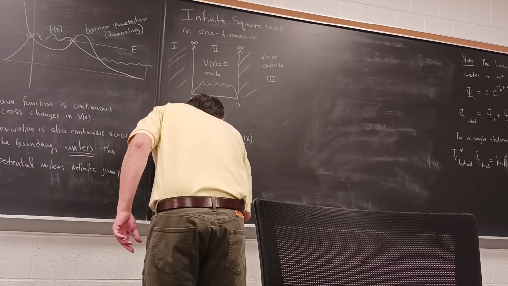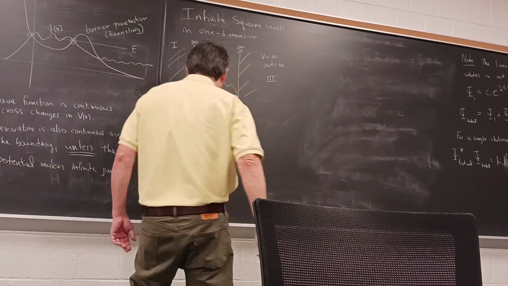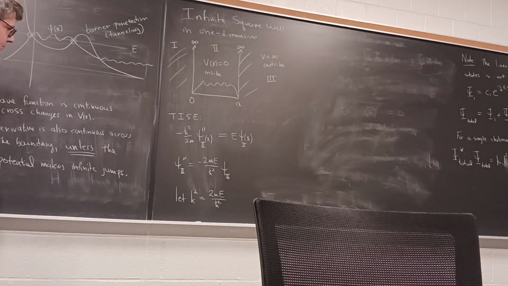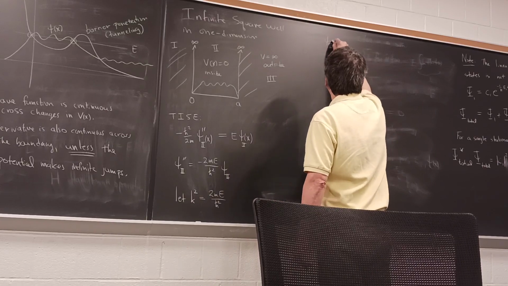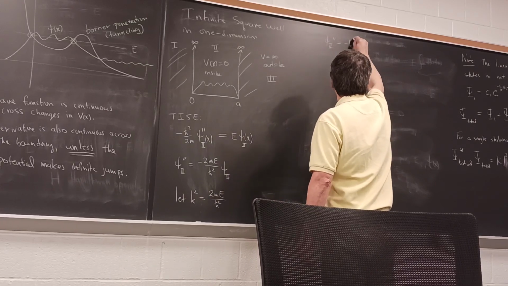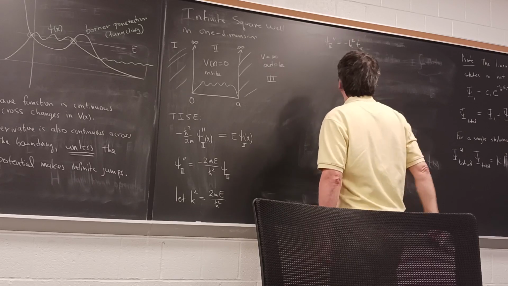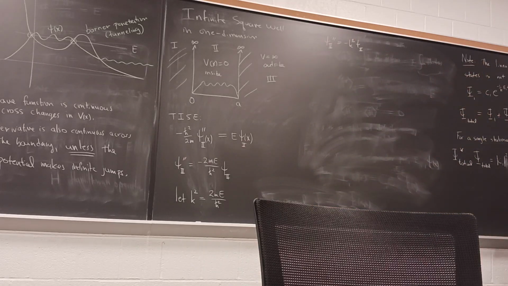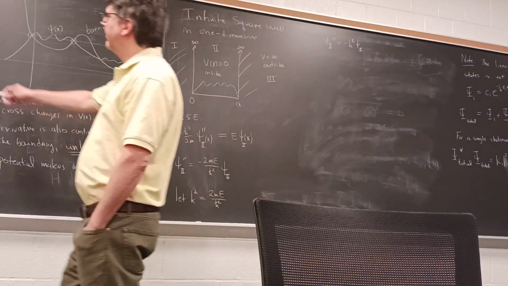Let k squared be 2mE over h bar squared. Now we just have a really simple equation. Psi 2 double prime is equal to minus k squared psi 2. And then we'd use our solution from up there, right?